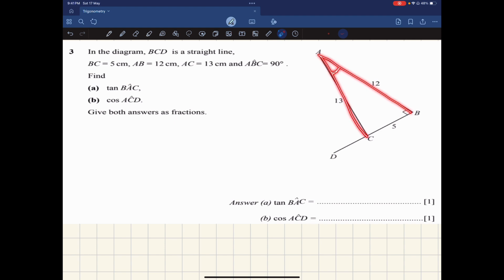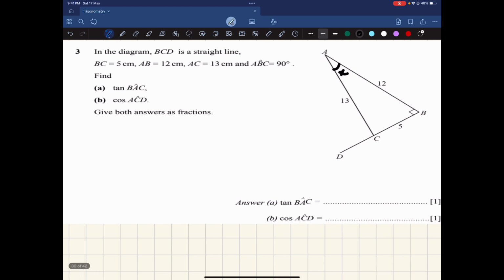So the tan of BAC, let's assume this is X. Okay, so what is the formula for tan? Tan of X is going to be P over B, right? So let's first label our triangle. If this is the 90-degree angle, this is going to be the hypotenuse.